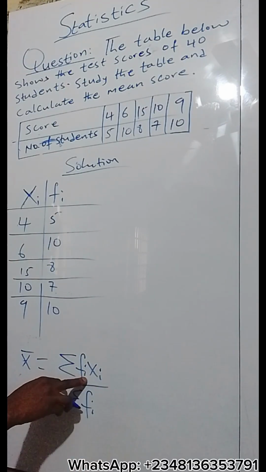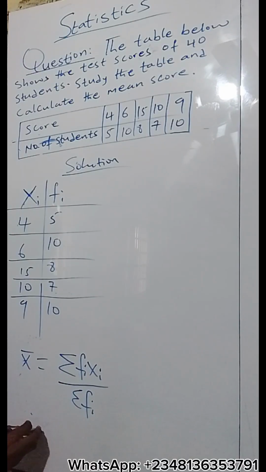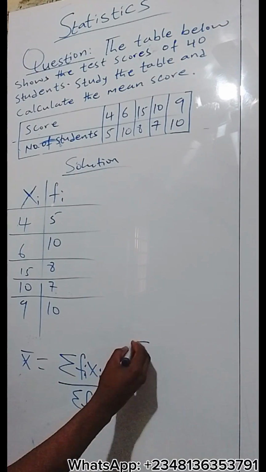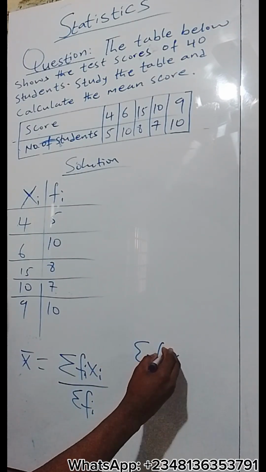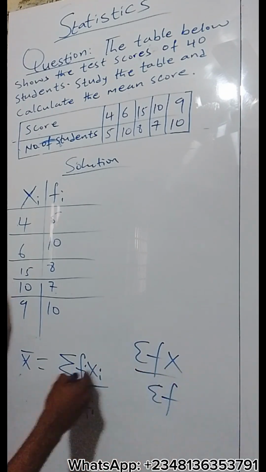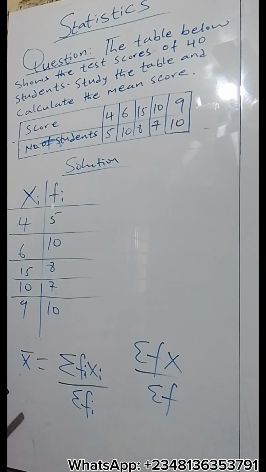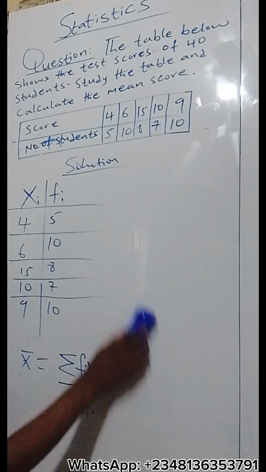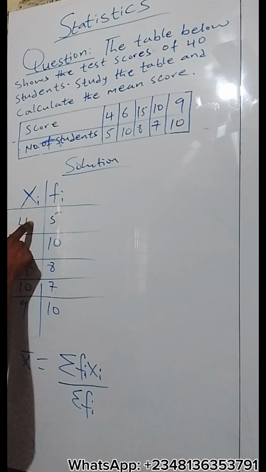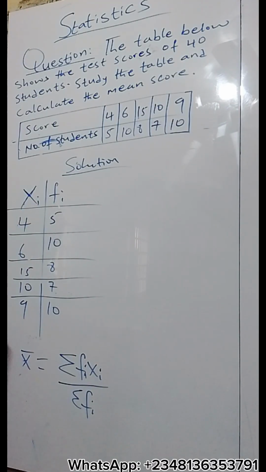Don't get confused with this sub i. Some textbooks will not put it there. In some textbooks, we just see summation fx over summation f. It's still the same thing. This sub i you just put there so that we know that this i represents each of the values here. So it's a standard way of writing it.